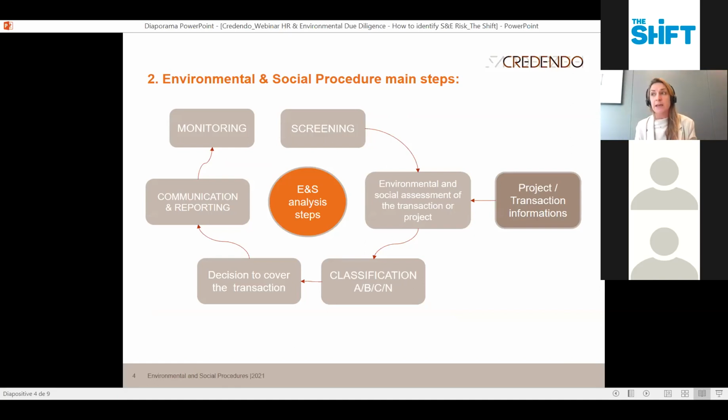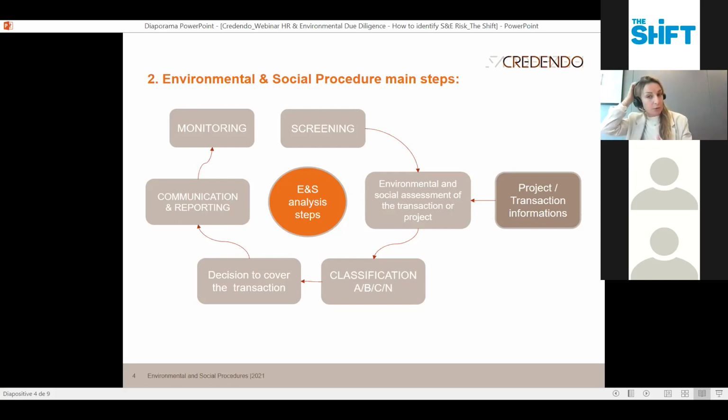And what is important to underline is that we will not just assess the exporter's works, which are sometimes a small part of a bigger project. In a lot of cases, transactions are related to a bigger project that will be developed in foreign countries, and our exporter will maybe just export equipment or do a small part of the works in the whole project.